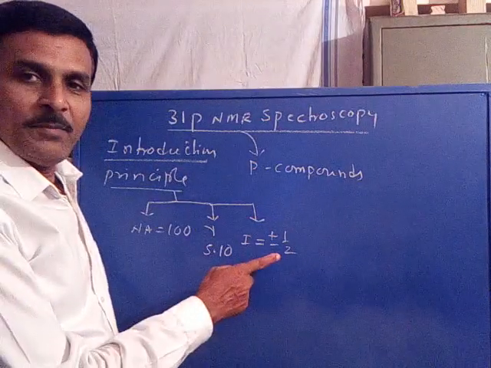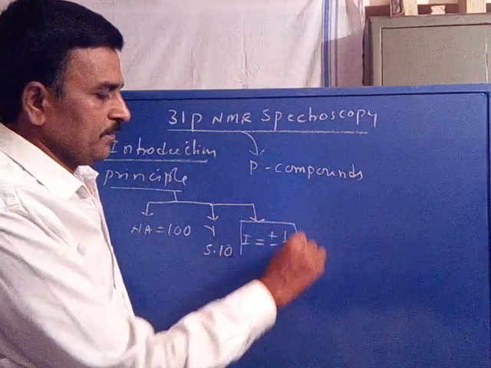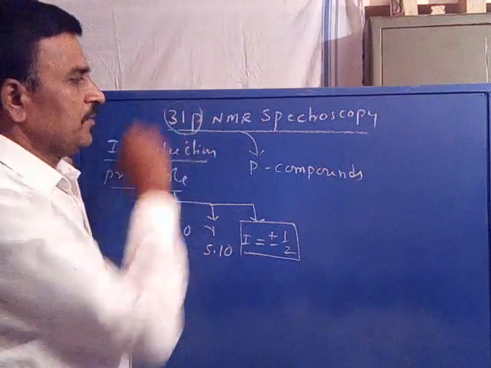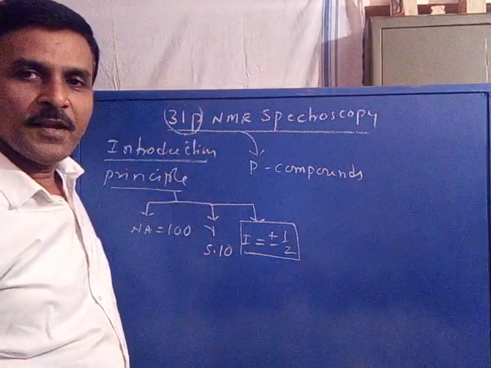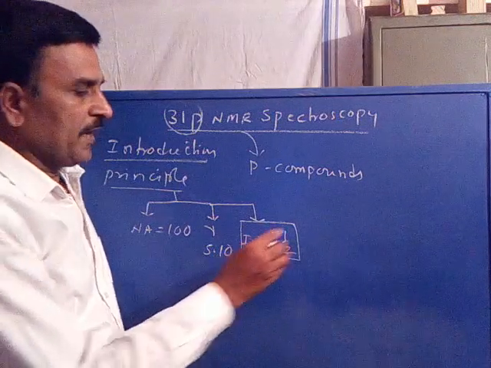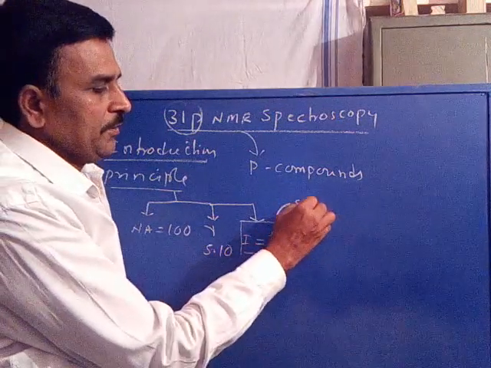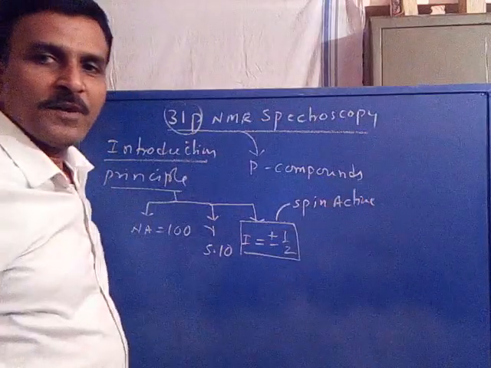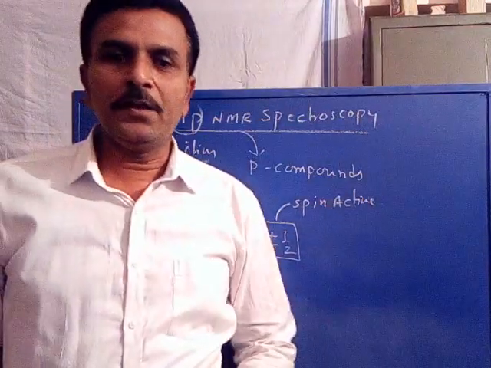So similar to proton nuclei, the 31 phosphorus nuclei is also spin active.